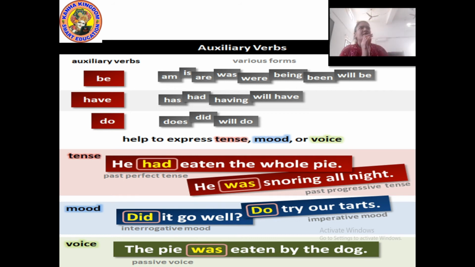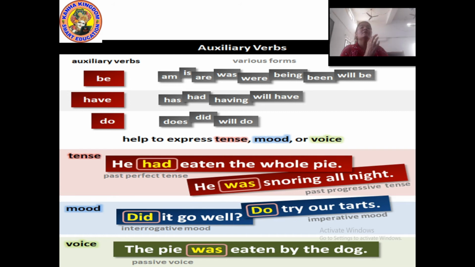Auxiliary verb be. In be it comes like am, is, are, was, were, being, been, will be. Right? If have is used, the various forms of have can be had, has, having, will have, shall have, okay, such kinds.